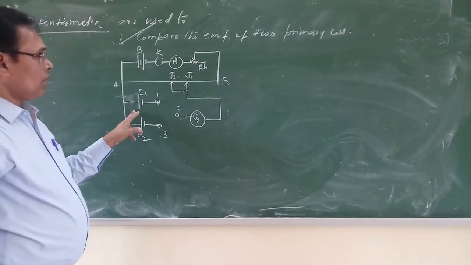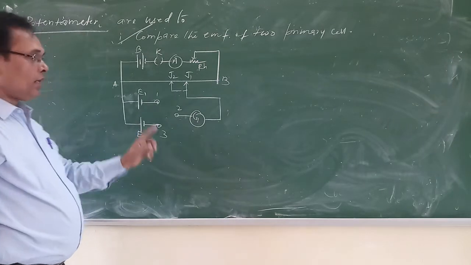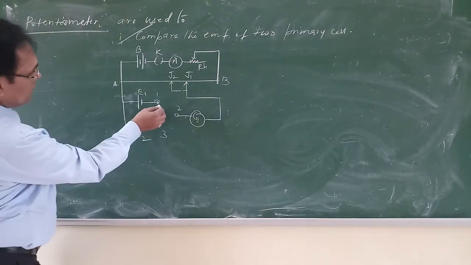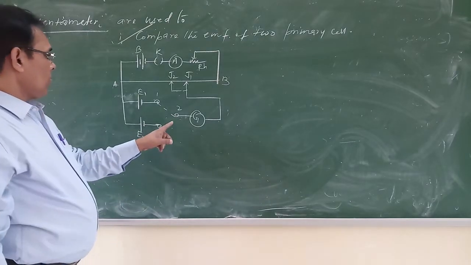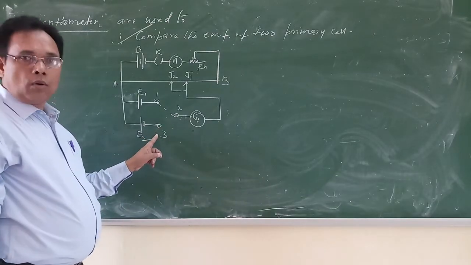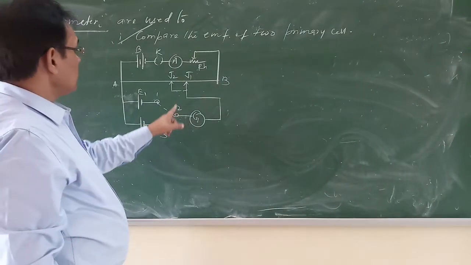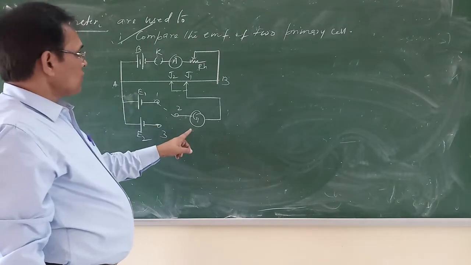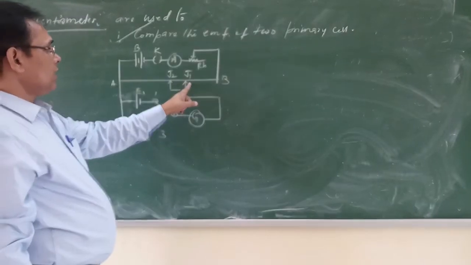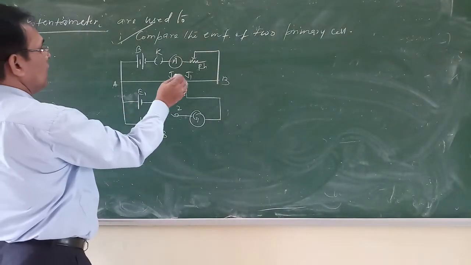So what you have to do in the first case: press the key in the gap 1 and 2 and leave the gap 2 and 3 open, and slide the jockey over this wire. The galvanometer shows zero deflection at the balancing length at J1, whose length is L1.